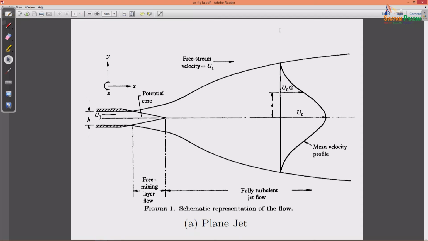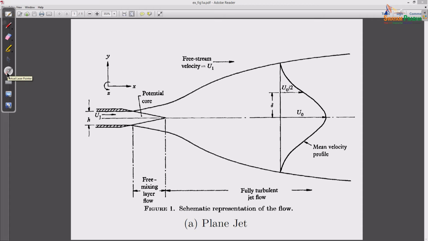So, let me show you a plot first, and then we'll go back. Now if you see here in this plot, you have the U jet which is coming out, and this is H, or you can call that D. This is a potential core, and then when the fluid is moving, this is a fully turbulent jet flow.